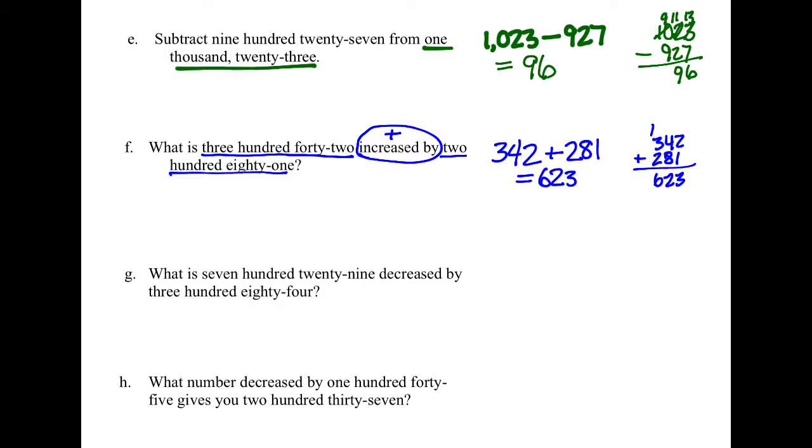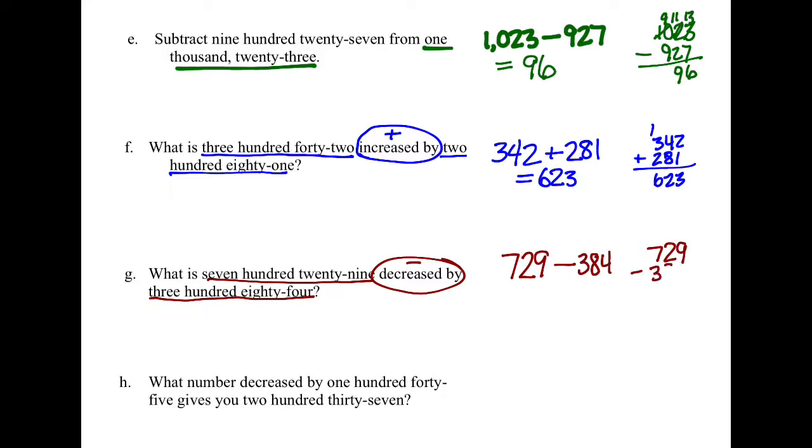All right, G. What is 729 decreased by, so that's going to be subtract, 384. Okay, so 729 minus 384. Okay, line them up.